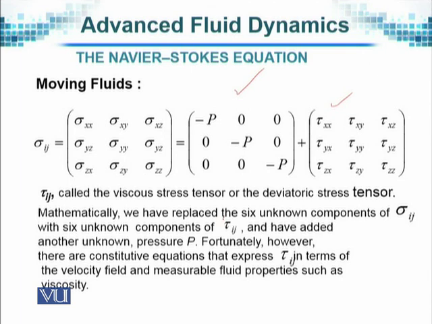So you can see that generally this is denoted by tau ij, and this has been added to the pressure forces. So this will be the totality of stress forces given by pressure plus strain. This is also known as shear strain.